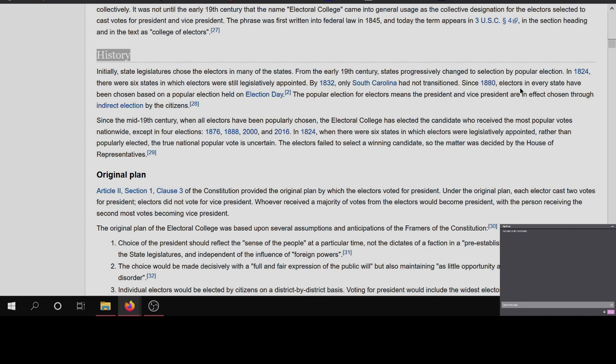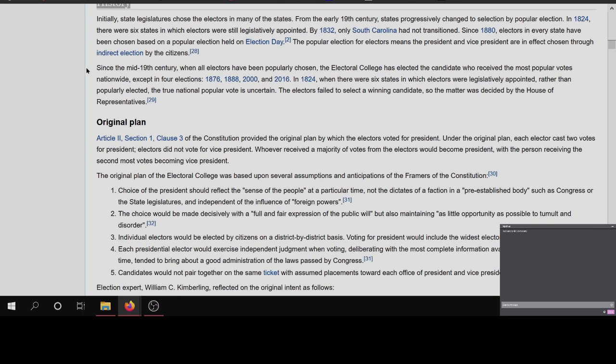Since 1880, electors in every state have been chosen based on popular election held on election day. The popular election of electors means the president and vice president are in effect chosen through indirect election by the citizens. Since the mid-19th century, when all electors have been popularly chosen, the Electoral College has elected candidates who received the most popular votes nationwide, except in four elections: 1876, 1888, 2000, and 2016.